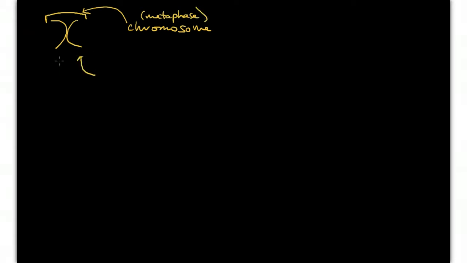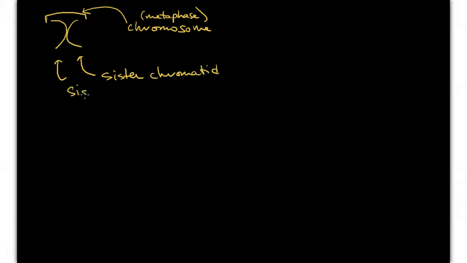So when we have our chromosome that looks like this, the whole thing is referred to as a chromosome, but sometimes it's referred to as a metaphase chromosome, and each one of these sides is called a sister chromatid.